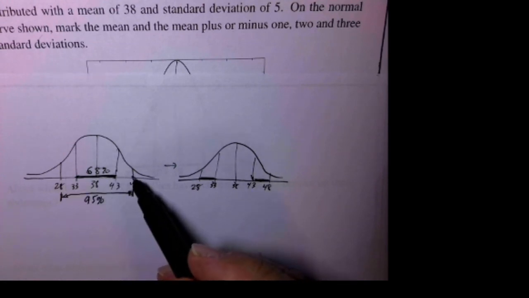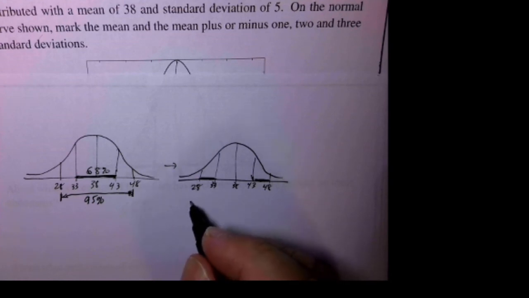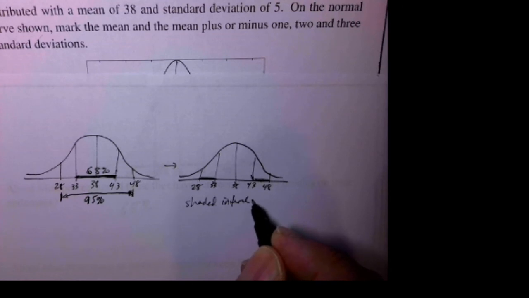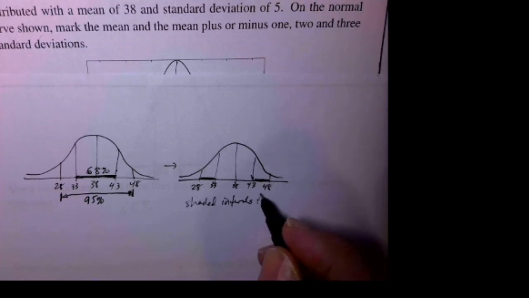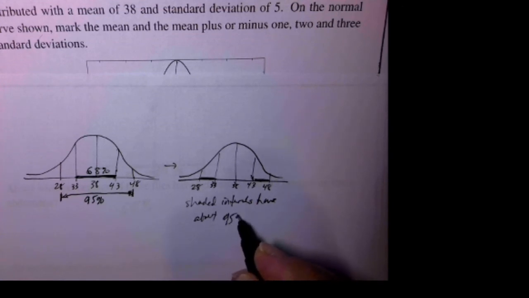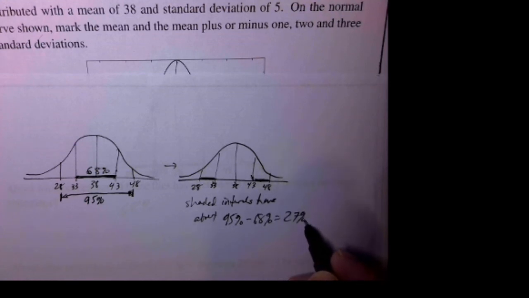If you take the whole thing here, you subtract out that 68%, right? So the shaded intervals have about 95% minus 68%, or 27%.